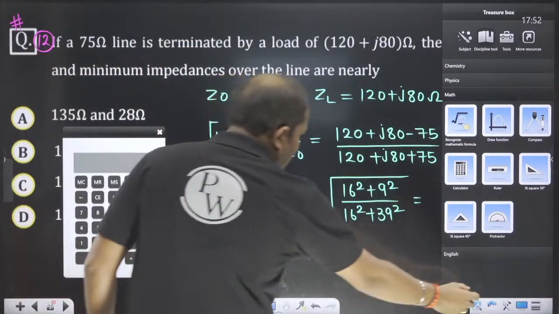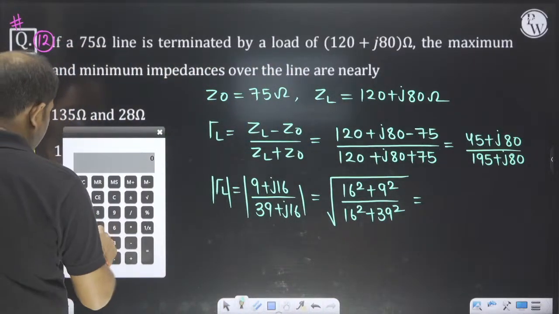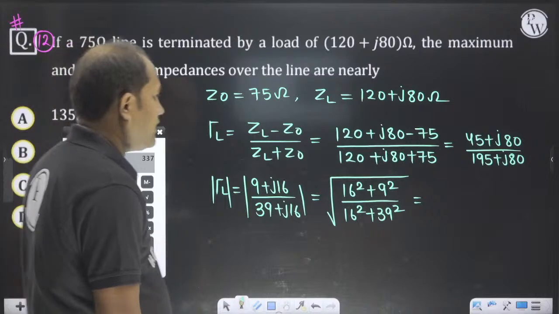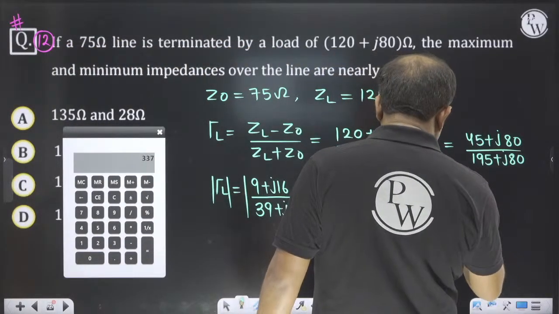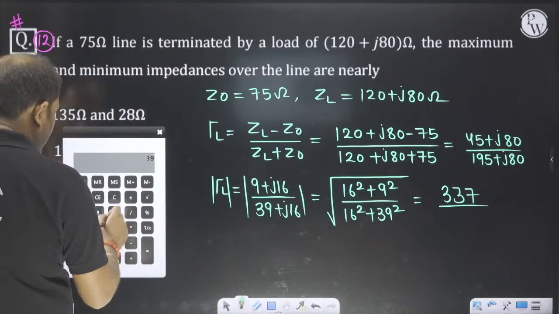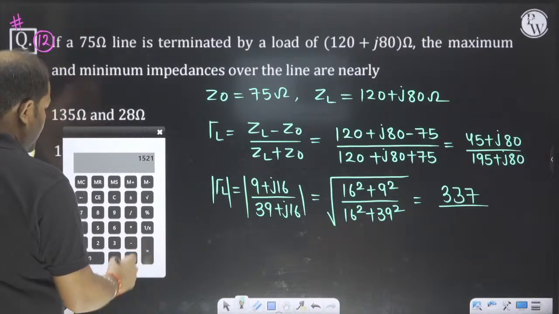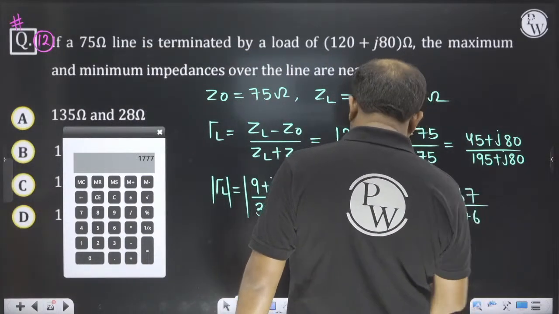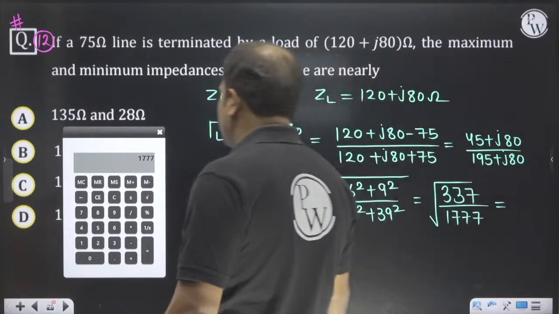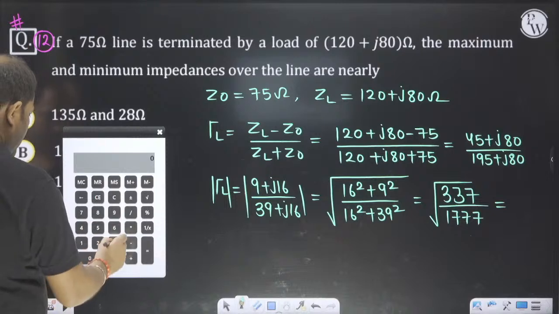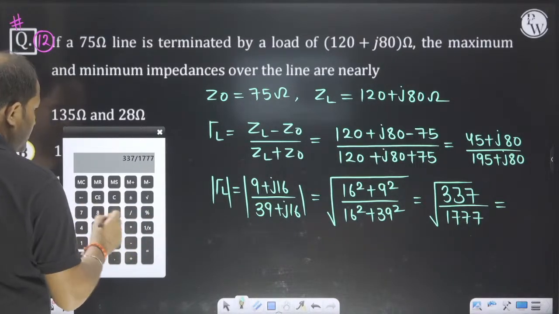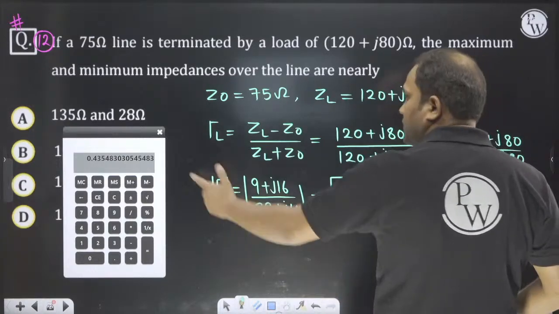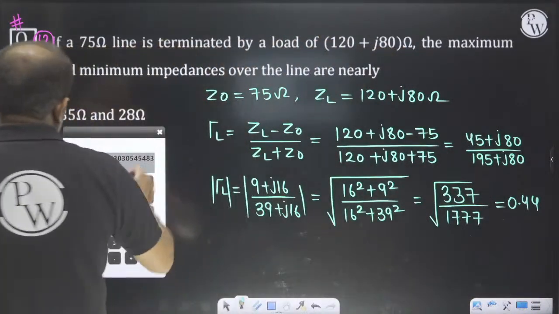For this case, the magnitude of gamma L is the square root of (256 plus 81), which is 337, divided by (39 squared, 1521, plus 256), which is 1777. The square root of this is about 0.5435, but I will take the magnitude of gamma L as 0.44.